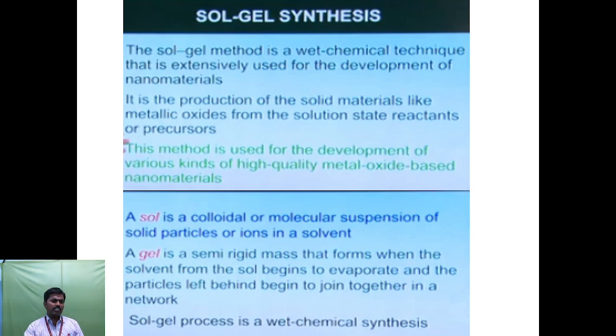A sol is a colloidal or molecular suspension of solid particles or ions in a solvent. A gel is a semi-rigid mass that forms when the solvent from the sol begins to evaporate and the particles left behind begin to join together in a network. The sol-gel process is a wet chemical synthesis.